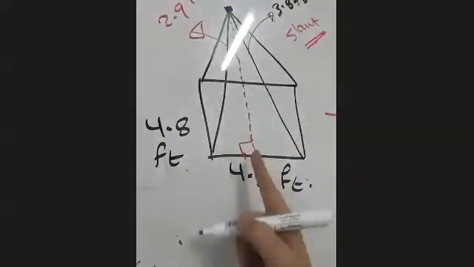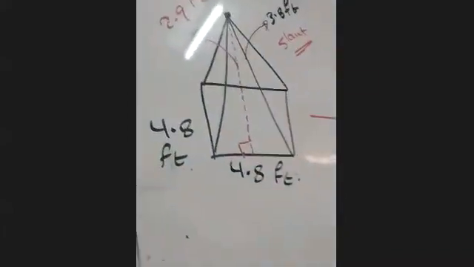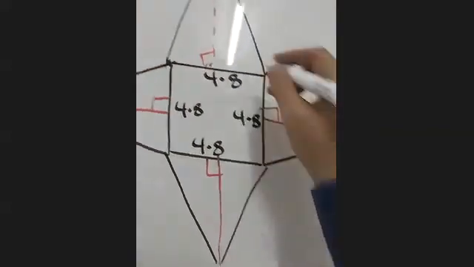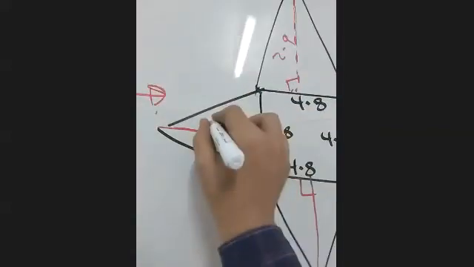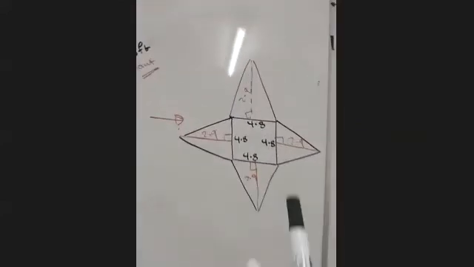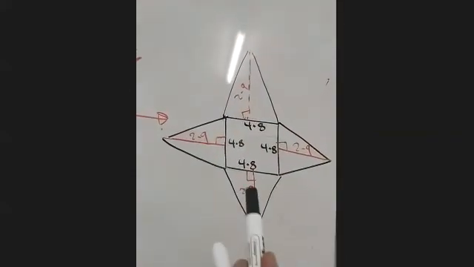No, I want the height with the right angle to the base, which is how much? 2.9. So here, 2.9, 2.9, 2.9, 2.9. What I have here is a square and 4 triangles with the same base and same height.